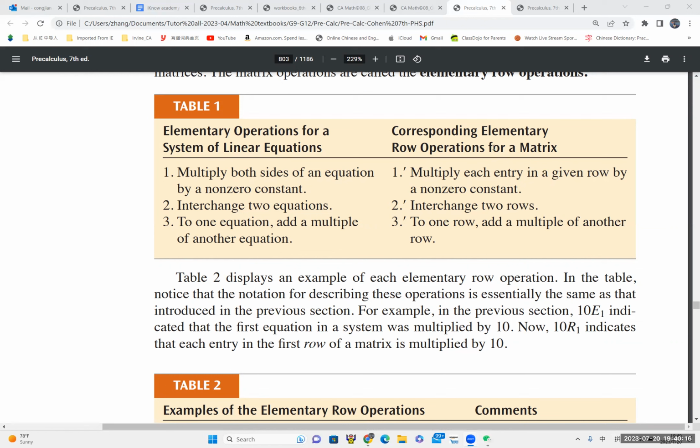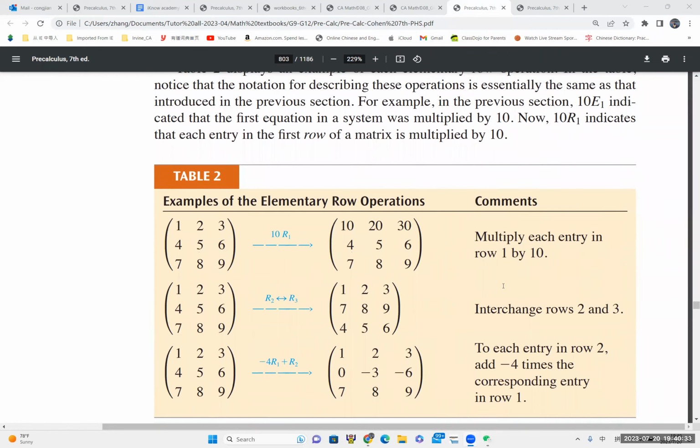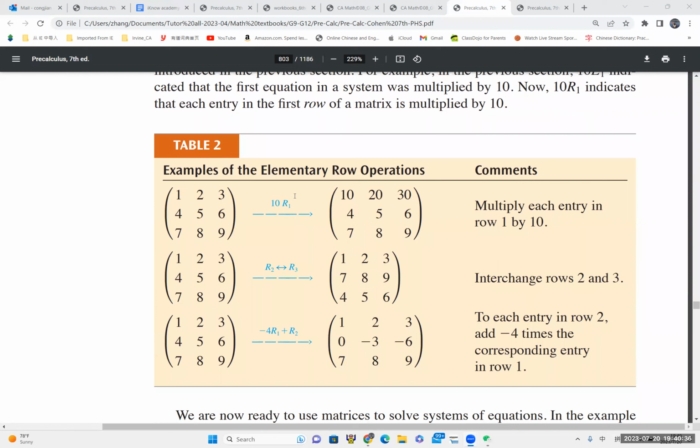The corresponding operations for matrices match. Here it shows something: first row times 10. Row 2 and row 3 interchange.